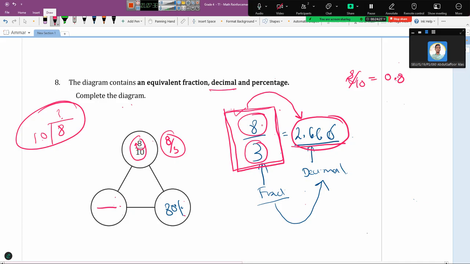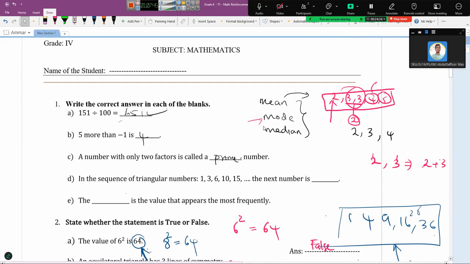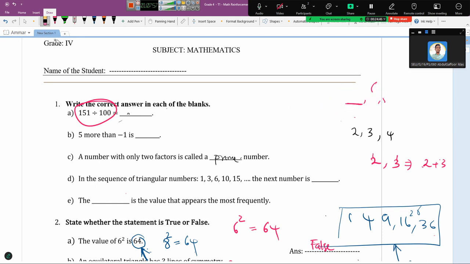Do you know the shortcut? Now, how did you get the answer for this one, 151 divided by 100? Can you just tell me? I moved the decimal by 2 digits.